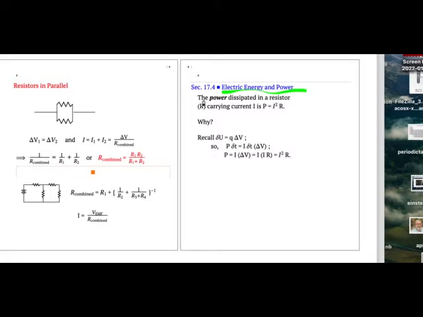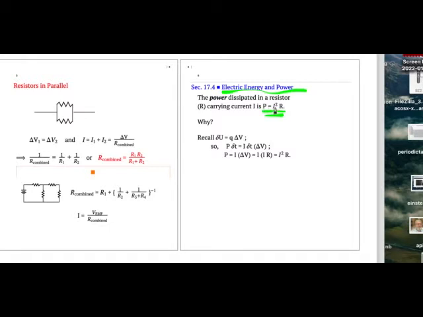And here's an important equation. The power dissipated in a resistor, say the resistance of the resistor is R, carrying current I, power is I squared R. Write it down in your notebook. You're going to need that. What does it mean?